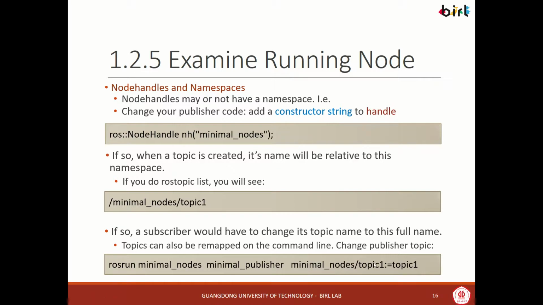But if I want to change that topic to topic 1, I can remap it like this. I say ROS run, package name, minimal nodes, node name, minimal publisher, original topic name, minimal nodes topic 1, and then colon equals, and then a new name like this.